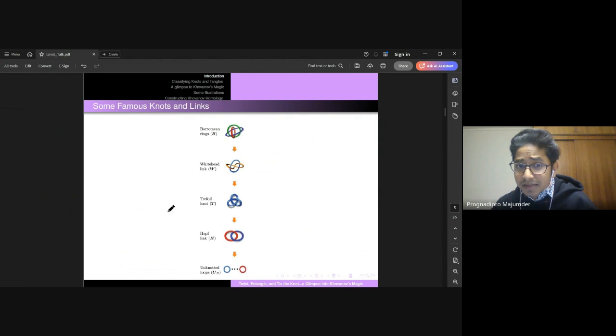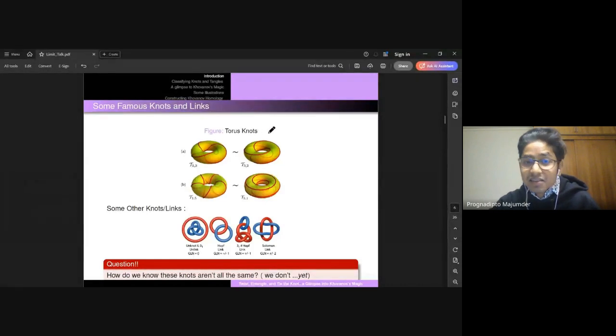So the basic question is that, okay, before the basic question, let's look at some interesting examples. So these are just examples. Just have a look, have some fun. That's how many different kinds of knots look like. And these torus knots, these are one of the most important kinds of knots in theory.